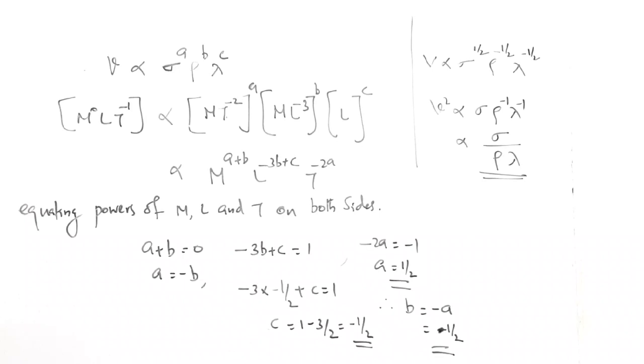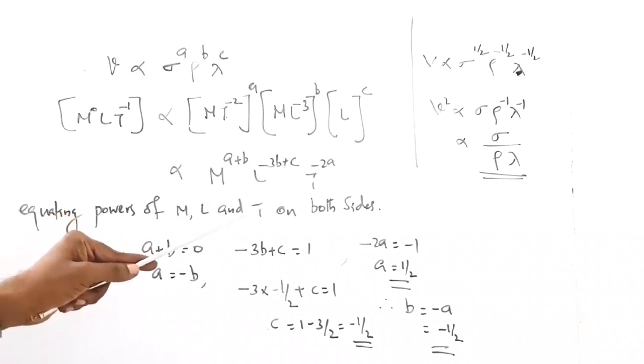Now substitute the value of b equal to minus half in this equation. We get minus 3 into minus 1 by 2 plus c equal to 1, or c equal to 1 minus 3 by 2, which is equal to minus half. Substituting the values of a, b and c in this equation, we get v proportional to sigma raised to half, rho raised to minus half, lambda raised to minus half.